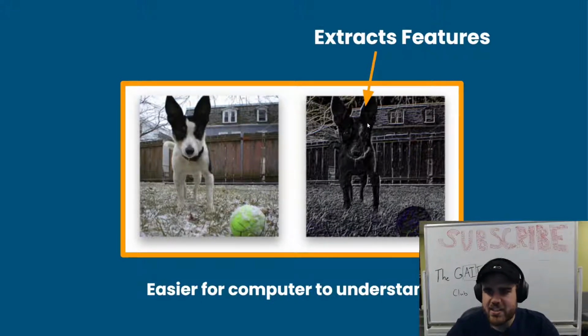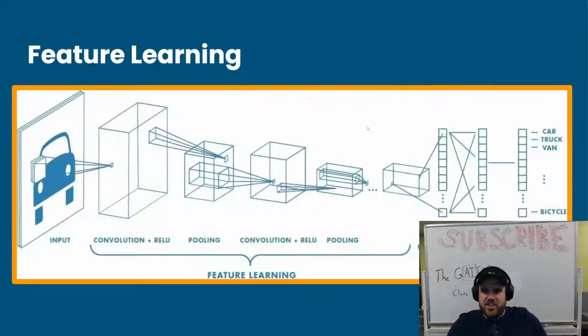And that's all fine and dandy. We have all these features. Now, what do we do with these features? We do something called feature learning, right? So we allow these convolutions to be randomly generated and generate themselves through the actual input.